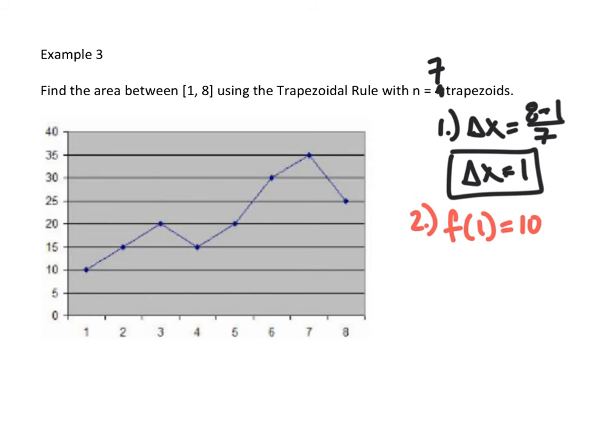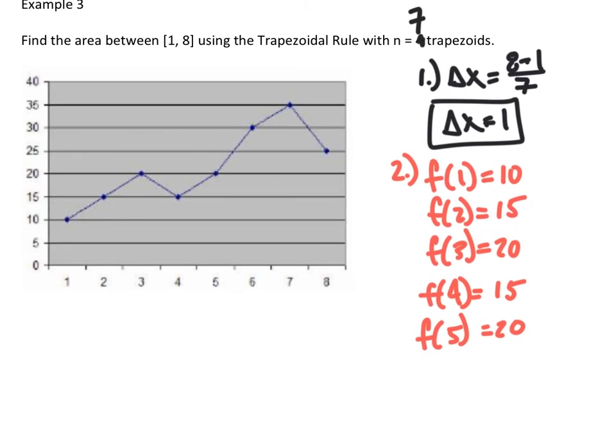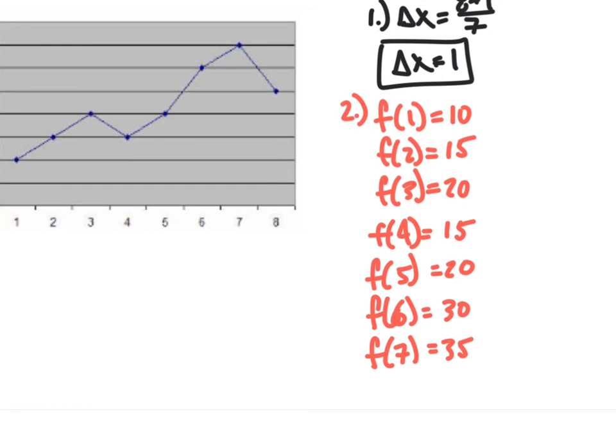I'm just looking off the graph here. f of 2 is equal to 15. f of 3 is equal to 20. f of 4 is equal to 15. f of 5 is equal to 20. f of 6 is, what is that, 30? f of 6 is equal to 30. f of 7 is 35. And then f of 8 is 25. Okay, and those are all right.